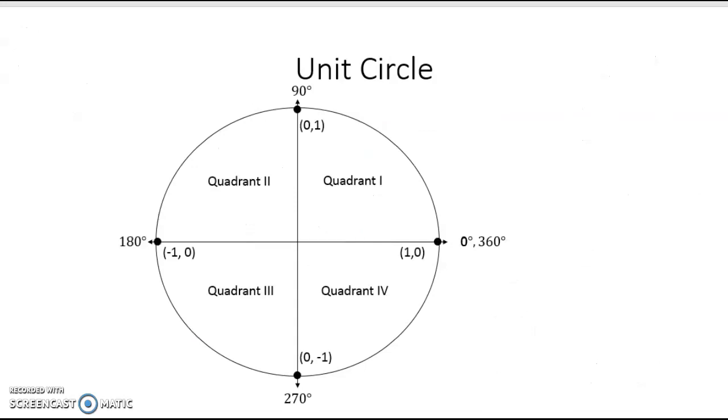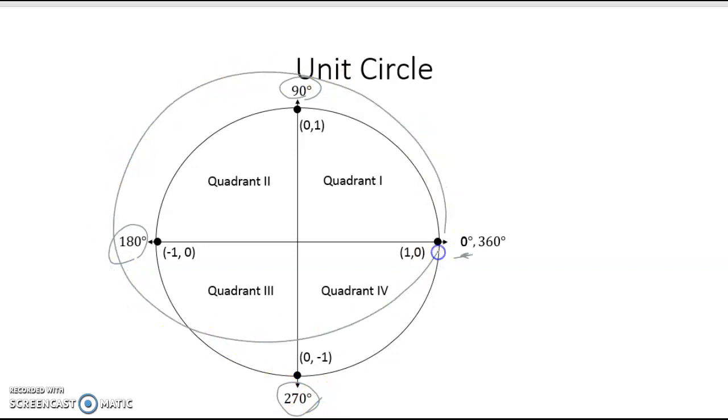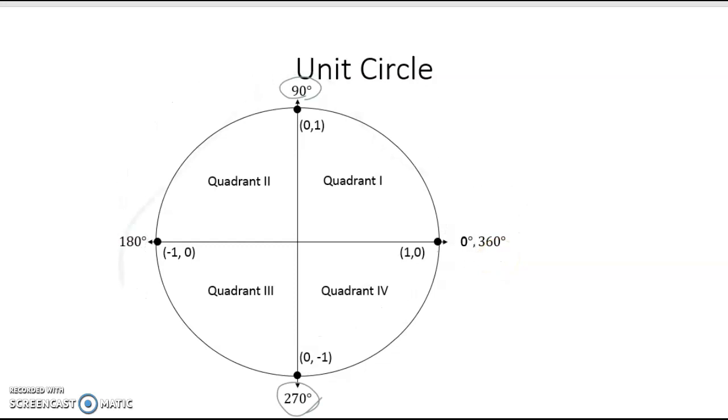Now if we look at the unit circle and we use degrees, you start out at 0 degrees, and then we go up to 90, then 180, and 270, and finally go all the way around. That's going to be 360. When we're at 0 or 360, this point right here has the coordinates 1, 0.